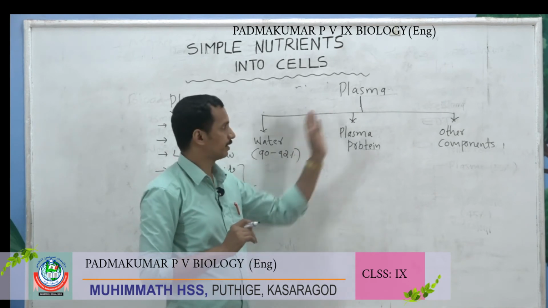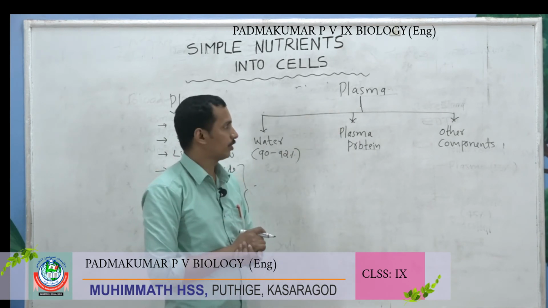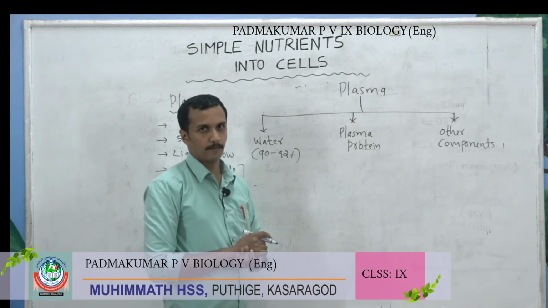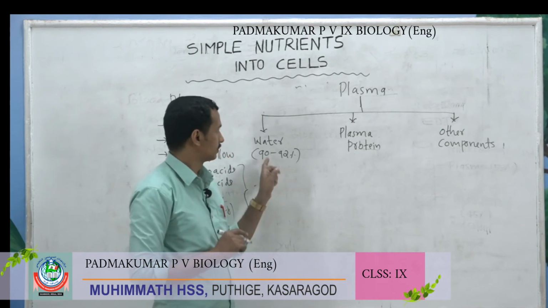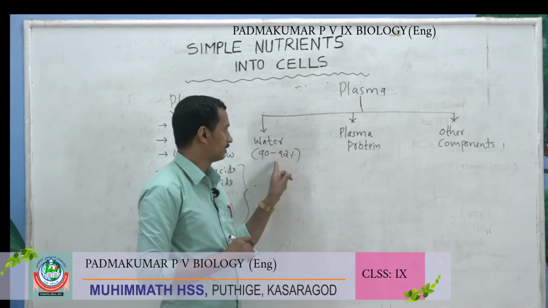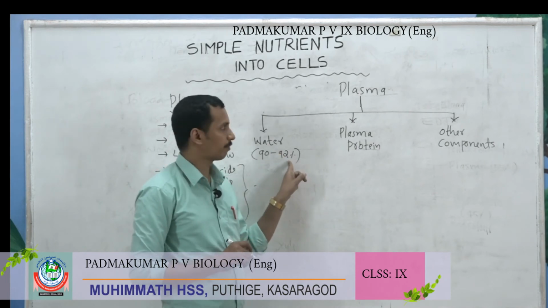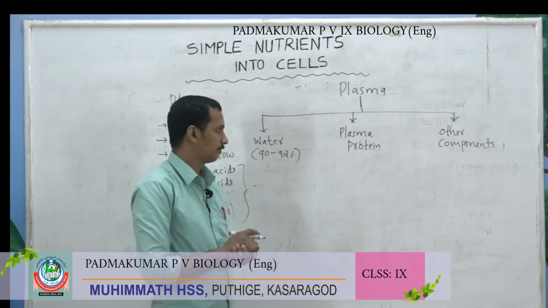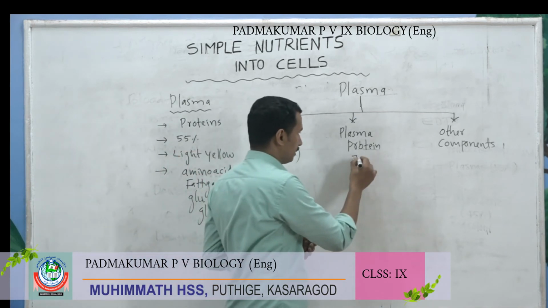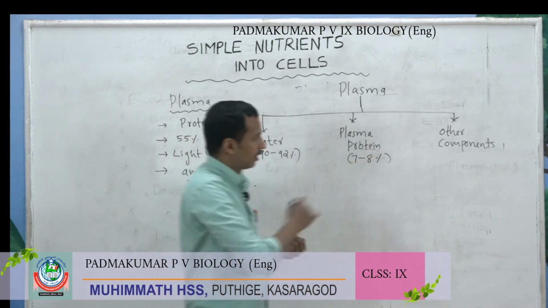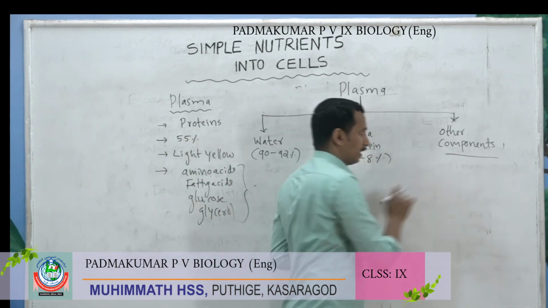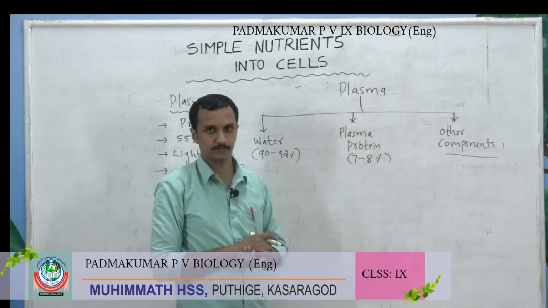We are just preparing a chart of human plasma. Around 90 to 92% of plasma is composed of water and around 7 to 8% is composed of protein, and the remaining components are generally known as other components.